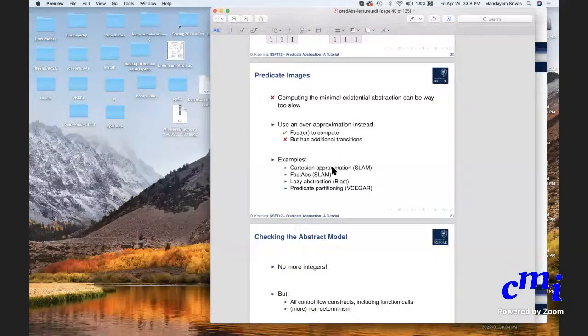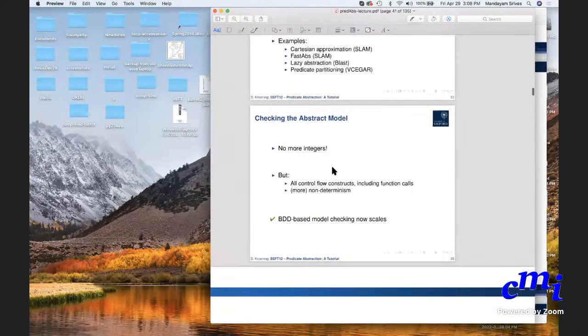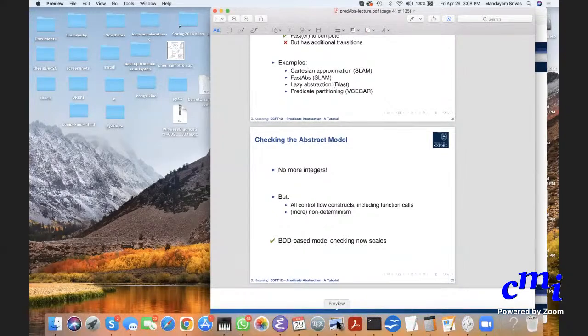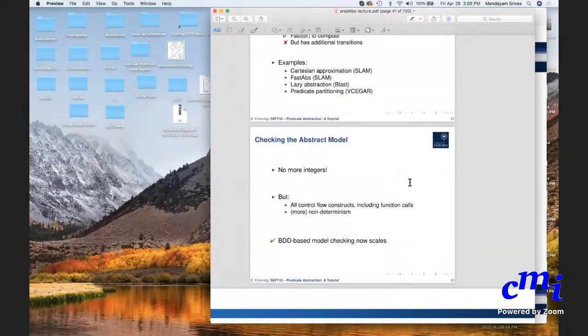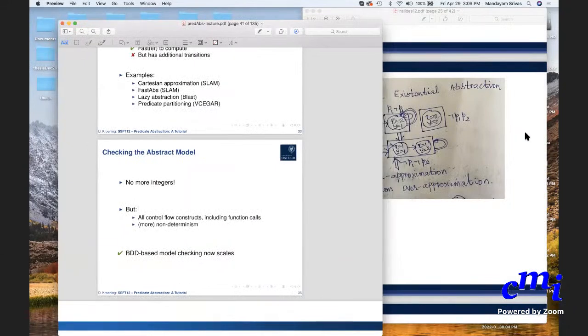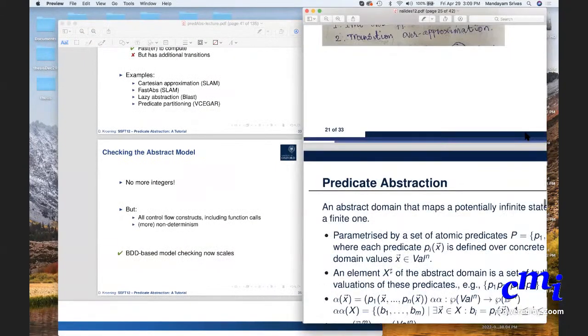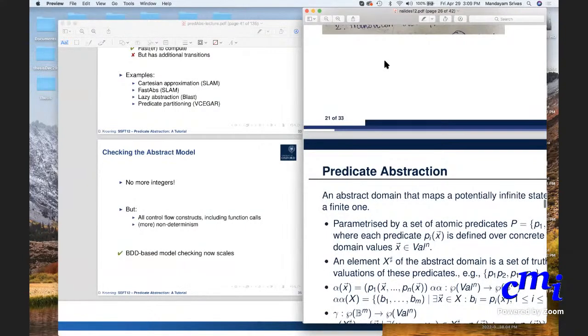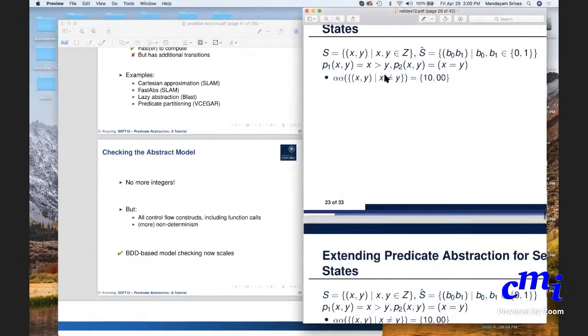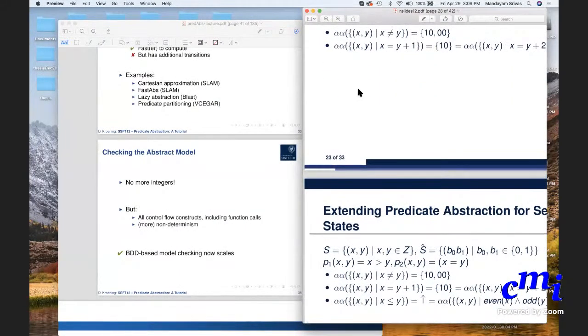Now, once you construct the model, that will be my last slide, and after that, I'm done.